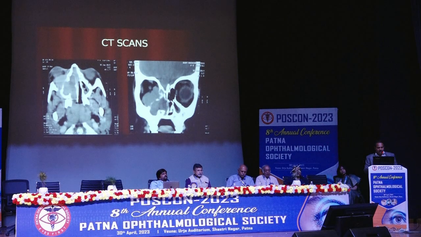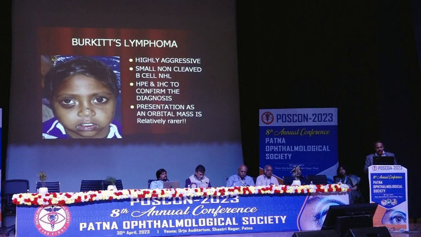He had a very large infiltrating sinoorbital mass on CT scan, and only a debulking biopsy was done, and it was found to be a highly aggressive small non-cleaved B-cell lymphoma. Immunohistochemistry was done again to confirm the diagnosis, and he was referred to medical oncology for further management. Presentation of Burkitt's lymphoma, which is a type of B-cell non-Hodgkin's lymphoma, primarily in the orbit is relatively rare. It usually affects the lower jaw bones and the lower craniofacial skeleton more commonly.